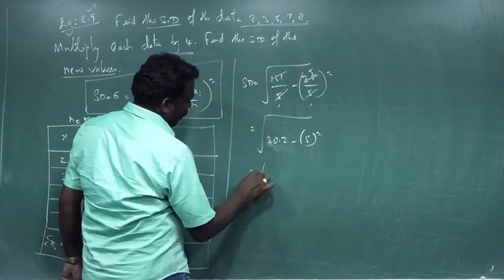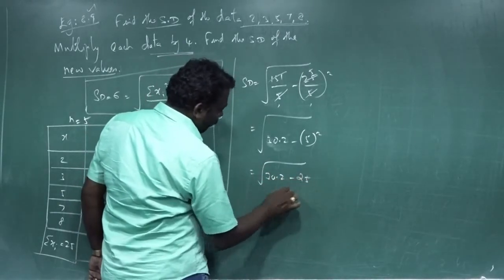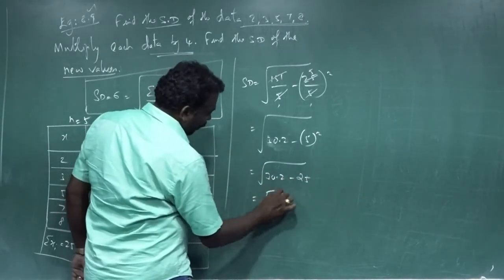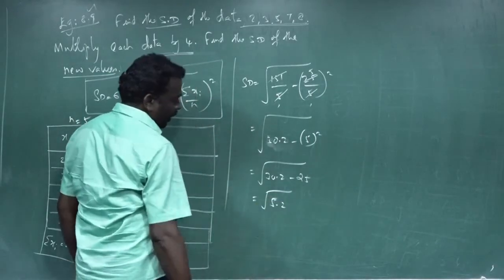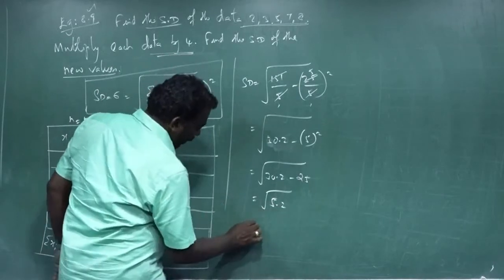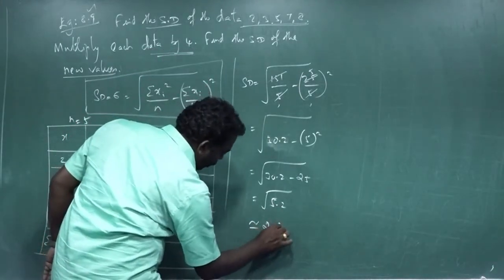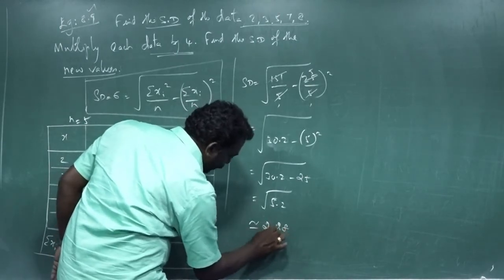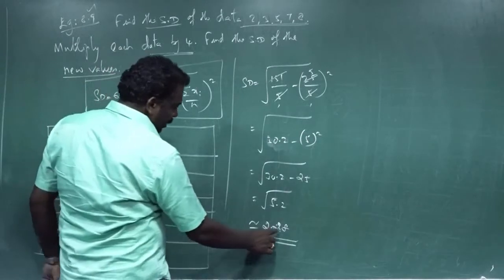That is equal to square root of 30.2 minus 5 5s are 25, it is equal to square root of subtraction equal to 5.2. Now approximated value of this term is 2.28. Approximate square root value equal to 2.28.